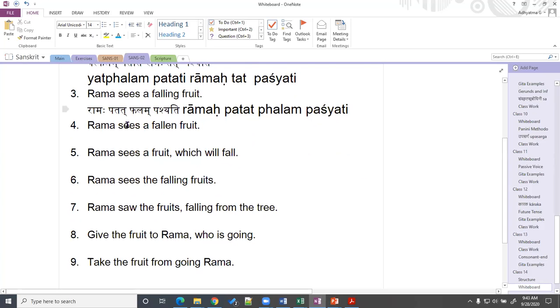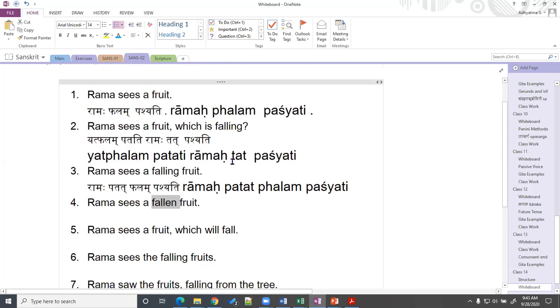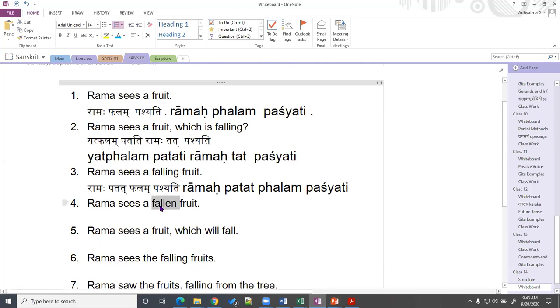If you look at sentence number 4, Rama sees a fallen fruit, not a falling fruit. So this is the past participle, not the present participle. We will study the past participle in another class, but I just wanted to show you the difference.